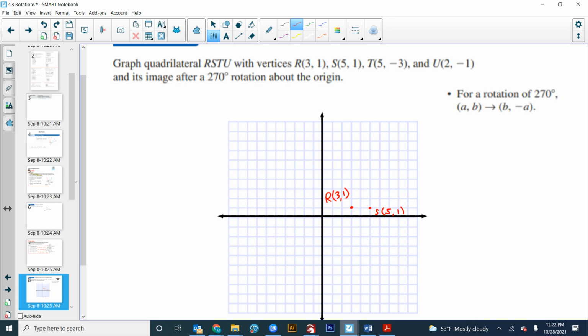And T is 5, negative 3. And U is 2, negative 1. All right, this is a quadrilateral. We're going to connect the vertices.